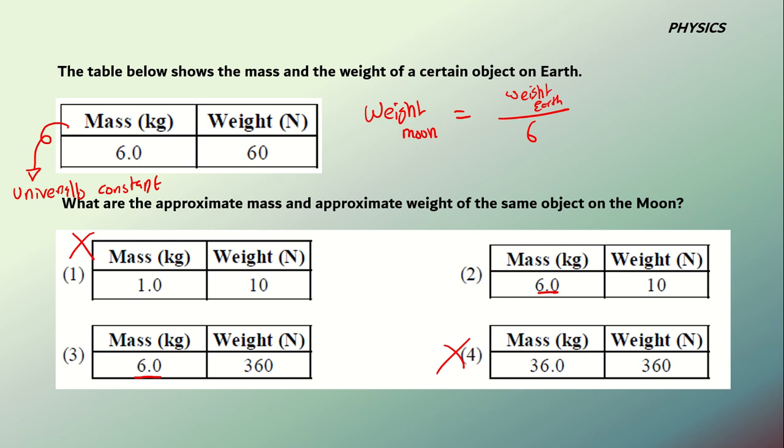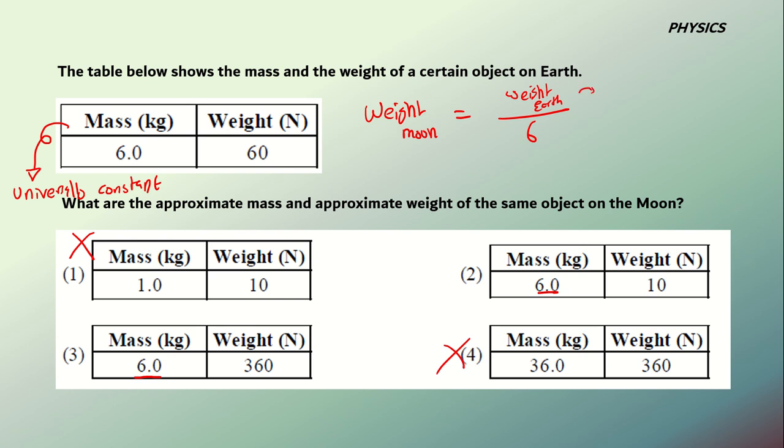This is while putting the values of the radius, the mass of the Earth, the mass of the Moon, using the Newton's gravitational formula. And so from this we can replace the value of the weight of Earth.